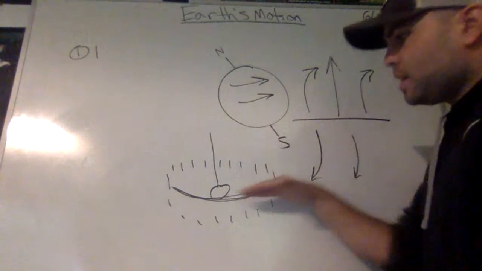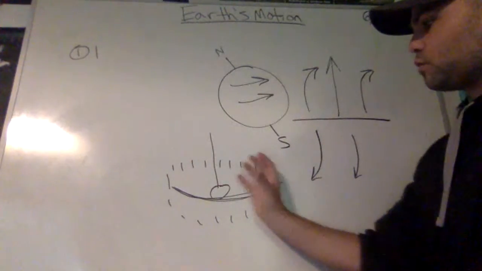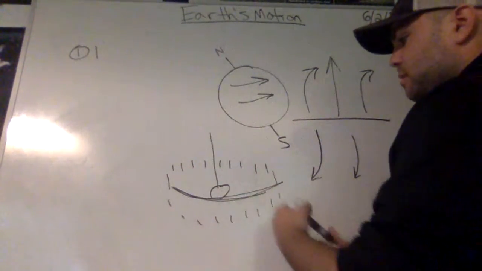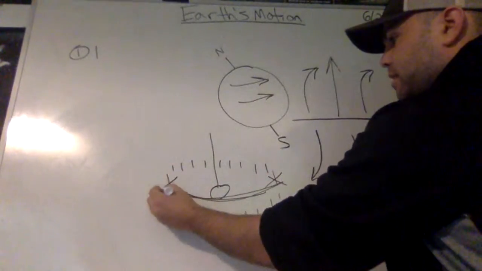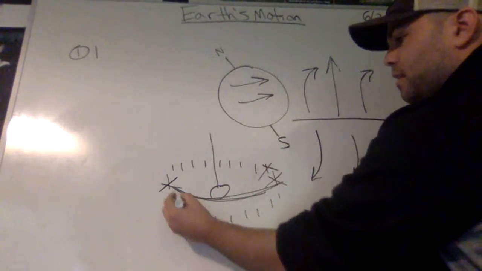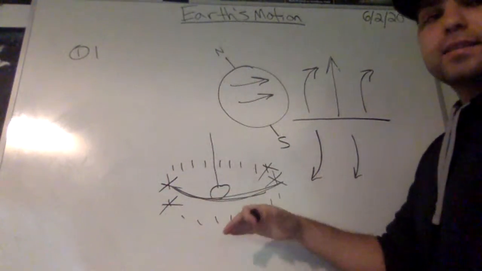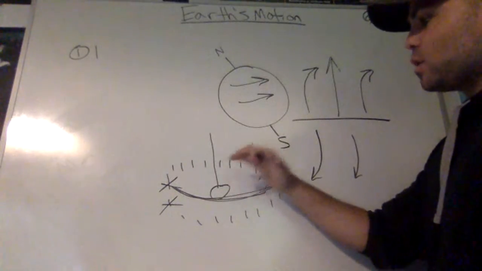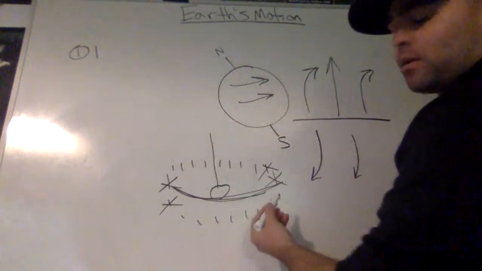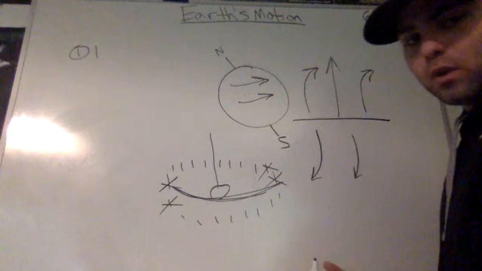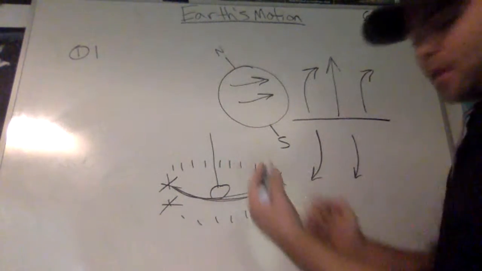Because it's swinging back and forth and the Earth is rotating, it knocks down this one, knocks down this one, then it'll keep rotating, knock down that one, and then eventually it knocks down all the pillars. After it knocks down all the pillars, that represents 24 hours. So it's a new day, and then they set them back up.